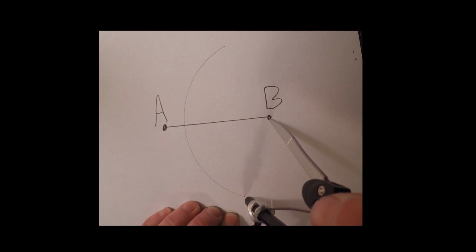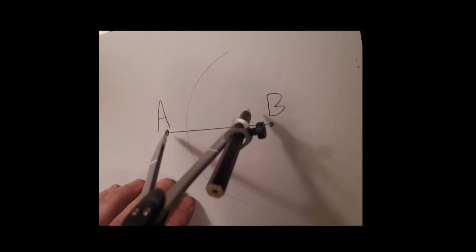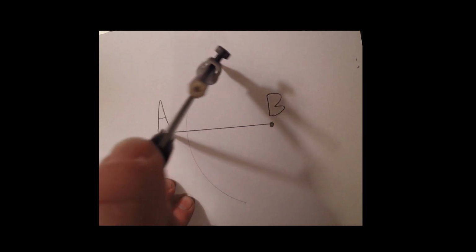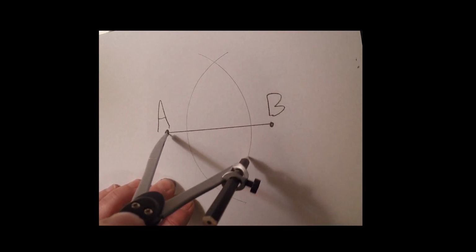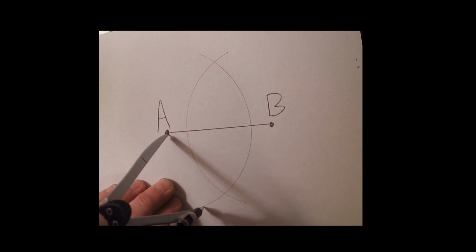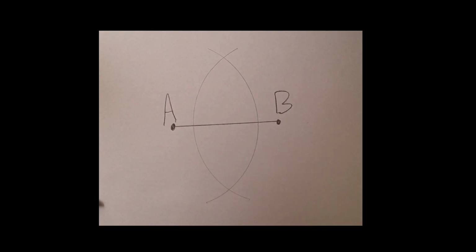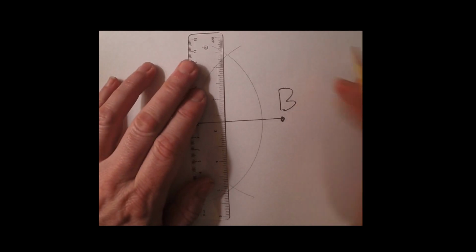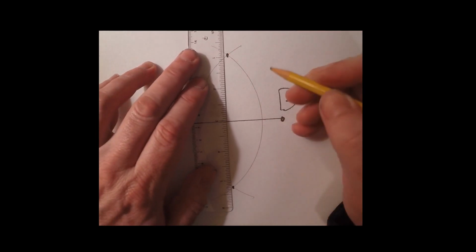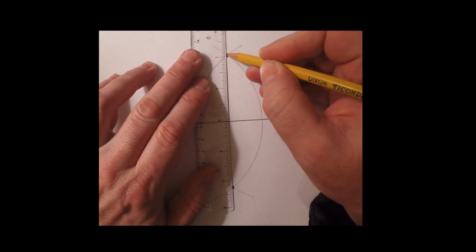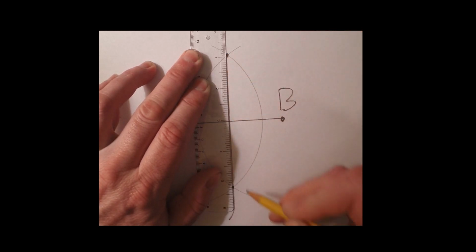Then we're going to keep the compass at that setting and position the compass on point A and make another arc that intersects that first arc. Then we're going to mark the intersection points of the arcs, and you can name these points if you want, but I'm not going to do that here.